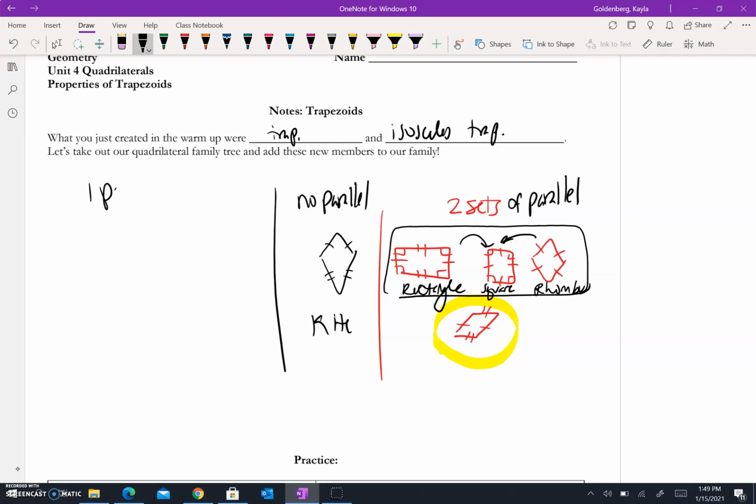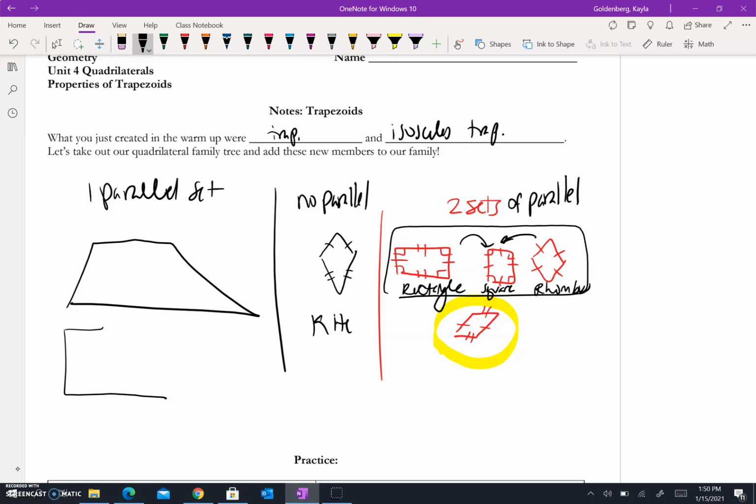And then we're seeing the one parallel set. We've got our trapezoid, and I'm going to do one like this, one that you saw, and I'm going to use my parallel labels.